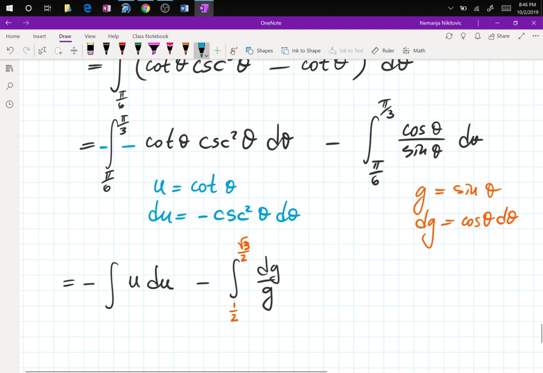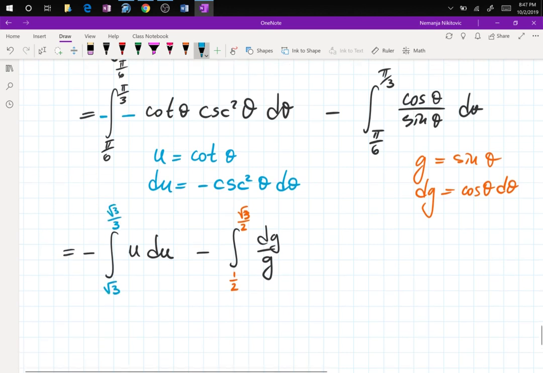Now we go with a harder one, with the cotangent, right? So what is the cotangent of pi over 6? It's going to be square root of 3. Good. And pi over 3? Very good. All right, so we have the values.